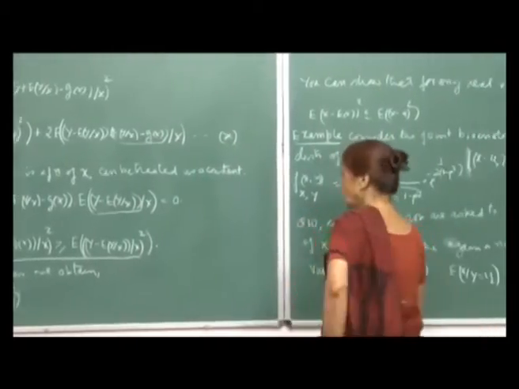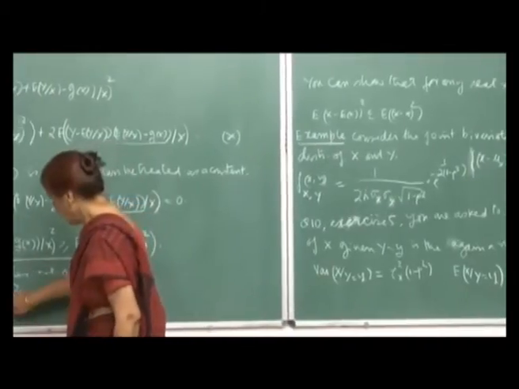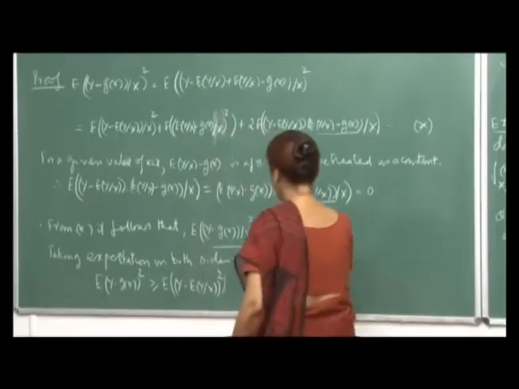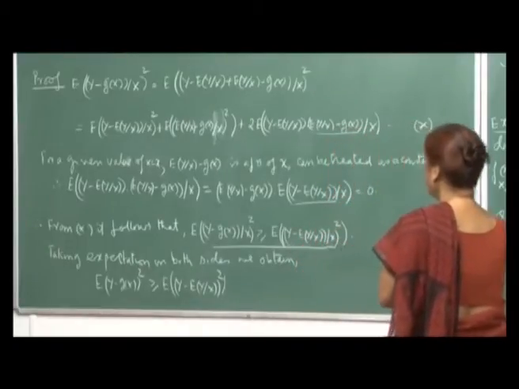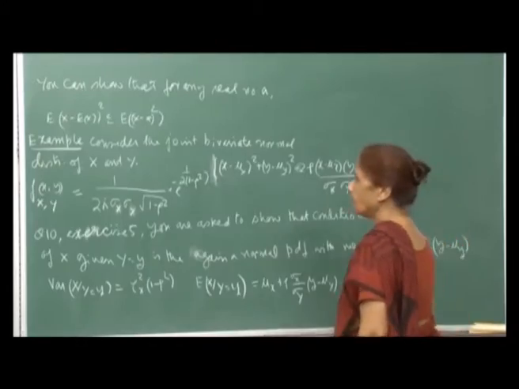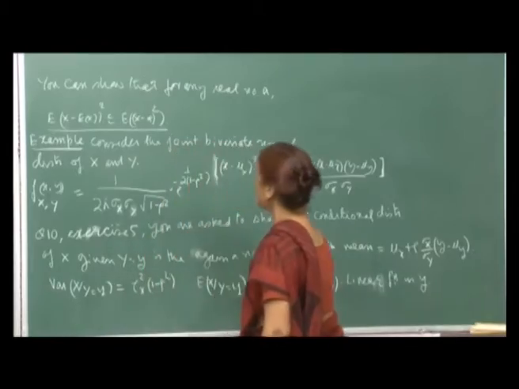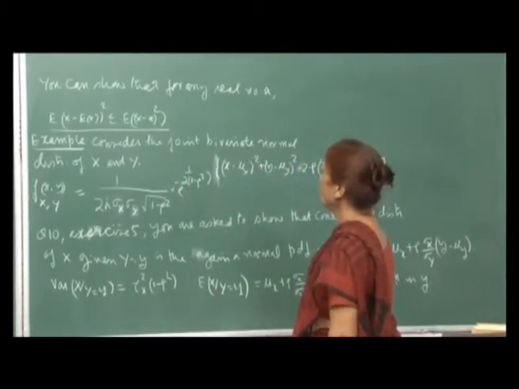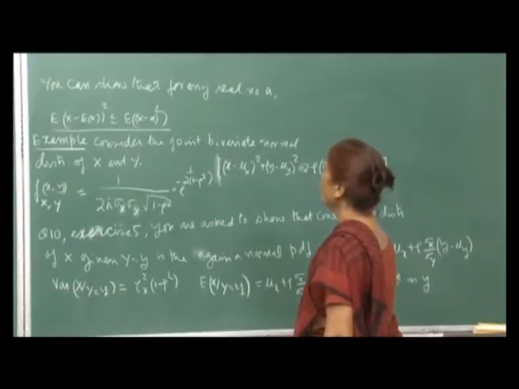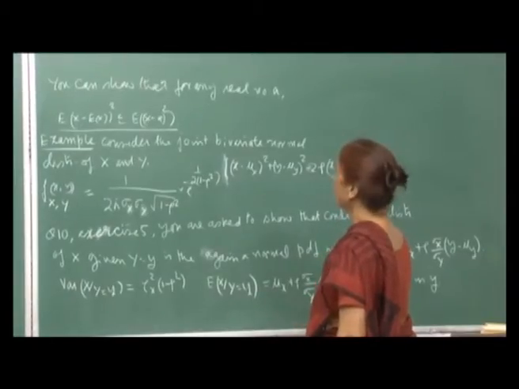There are still a few questions which are not answered, and hopefully I will continue looking at this again. Now, take this example. You can show very easily that the expectation of (x minus E x) whole square is always less than or equal to the expectation of (x minus a) whole square for any real number a.